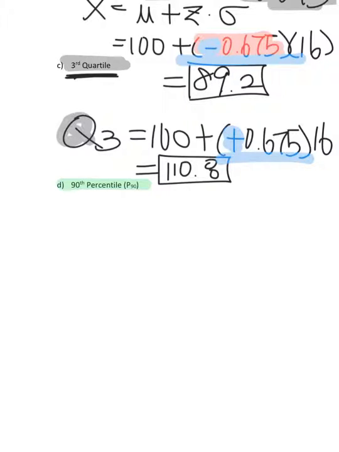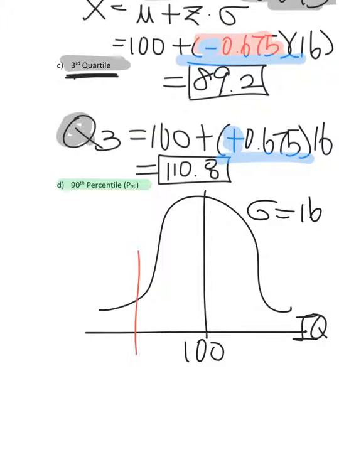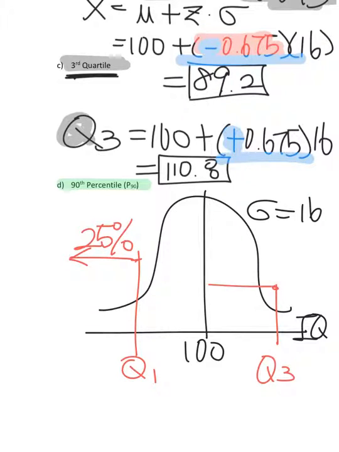90th percentile. Okay, let me make the normal distribution for IQ. Mean was 100. Standard deviation was 16 for IQ. Here was 25% for Q1, and there is the Q3, and this one was 75%.